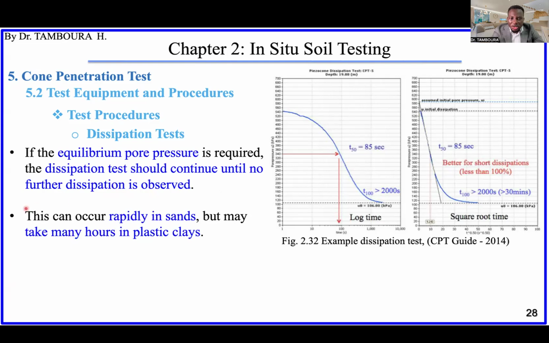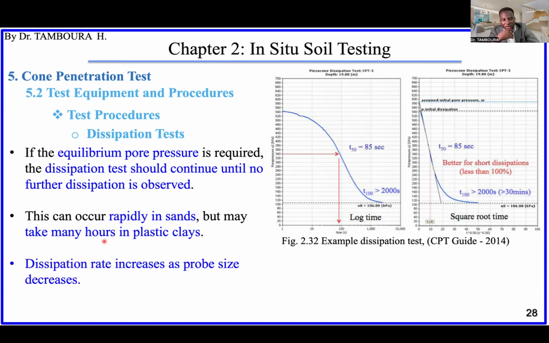This can occur rapidly in sand, but in plastic clay, the water dissipates much slower than in sand. In clay, it may take several hours. The dissipation rate increases as the pore size decreases.